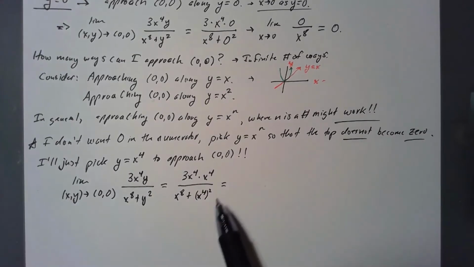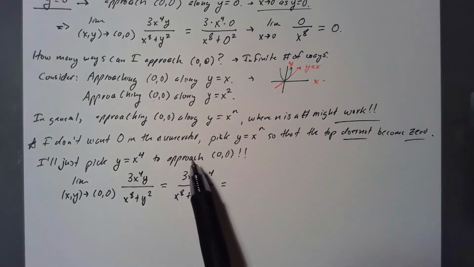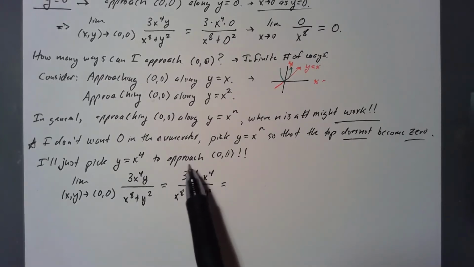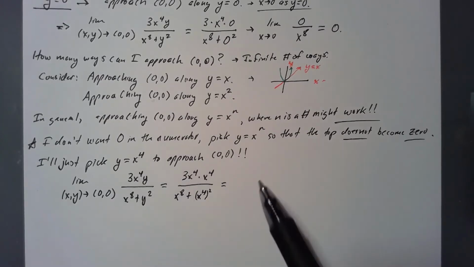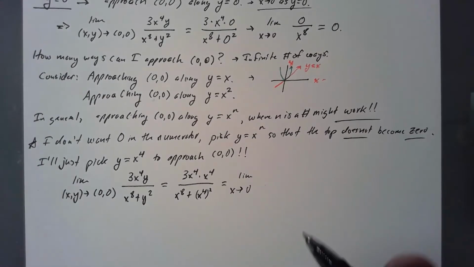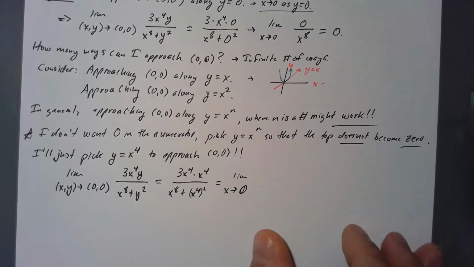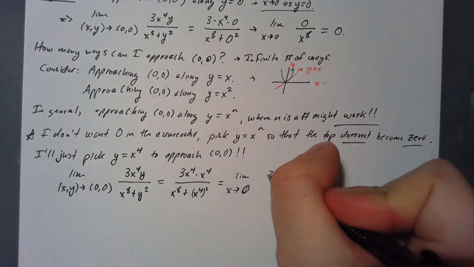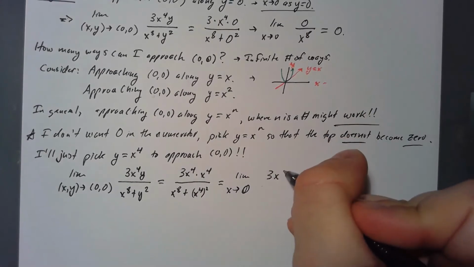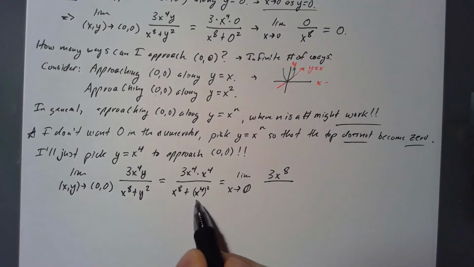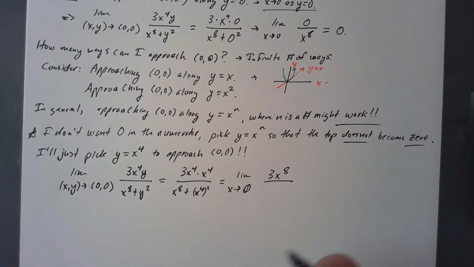Since y equals x to the fourth, x is now approaching 0 on that curve. So the limit as x approaches 0: what do I have in the numerator? 3x to the eighth, all over x to the eighth plus x to the eighth.